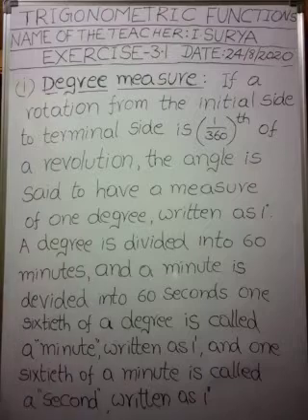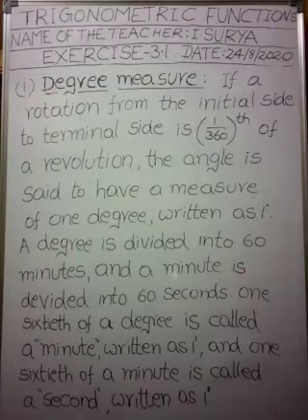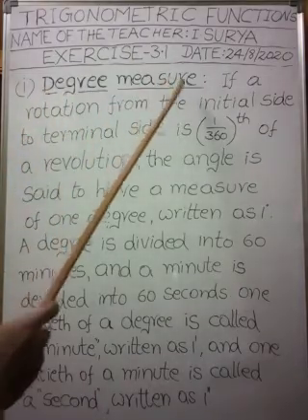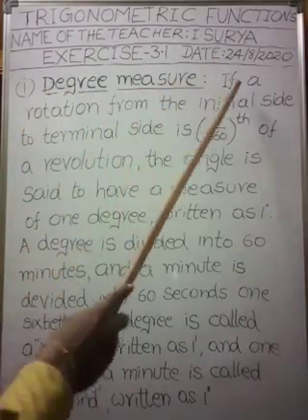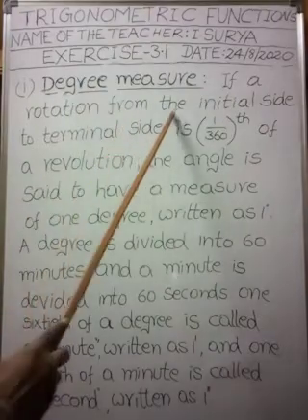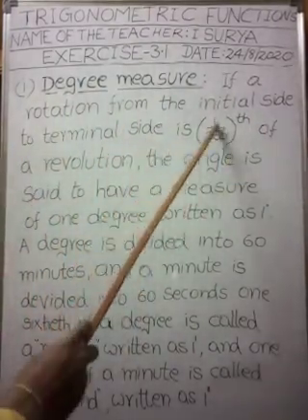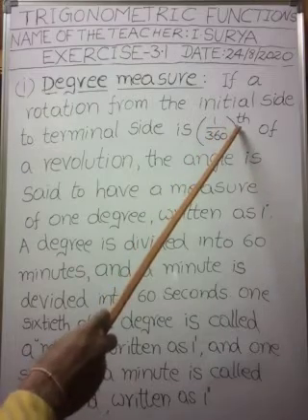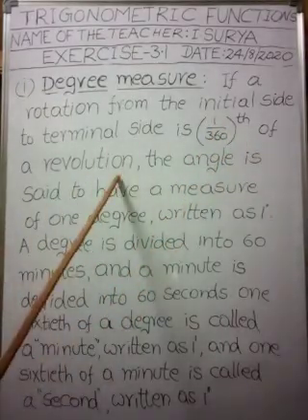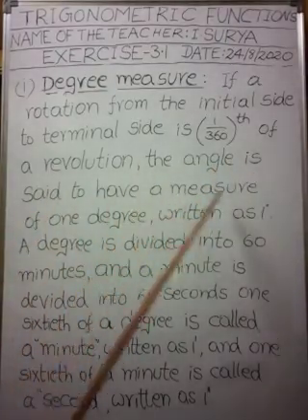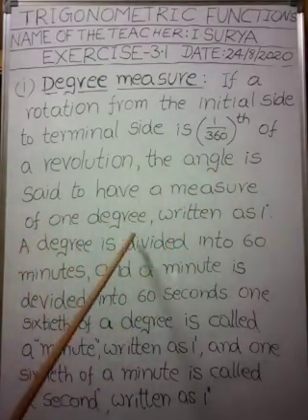Now come to the first unit of measurement of an angle, that is degree measure. If a rotation from the initial side to terminal side is 1/360th of a revolution, the angle is said to have a measure of 1 degree.